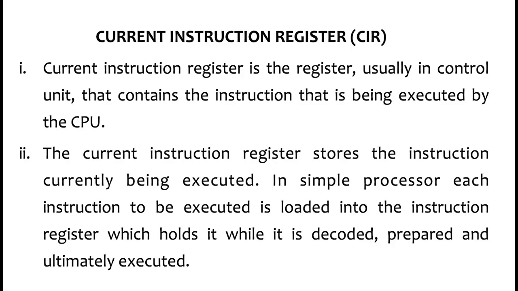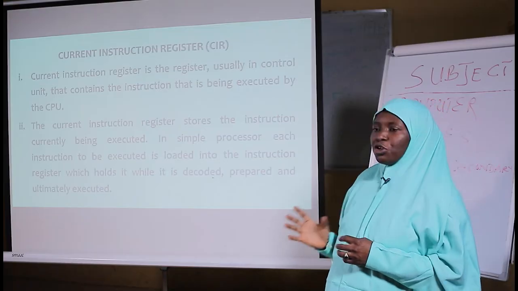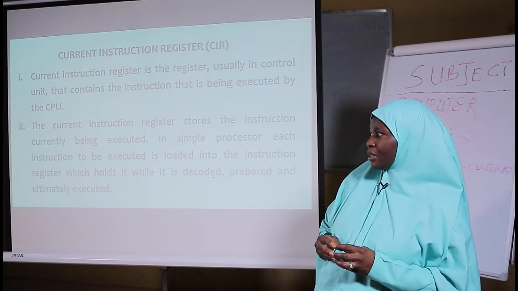The next is the current instruction register, which is the second type of register that we have. One, the current instruction register is the register, usually in the control unit, that contains the instruction that is being executed by the CPU, that's the central processing unit. That's the function of the current instruction register.